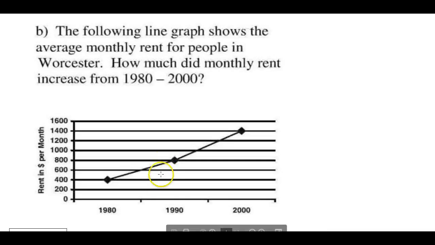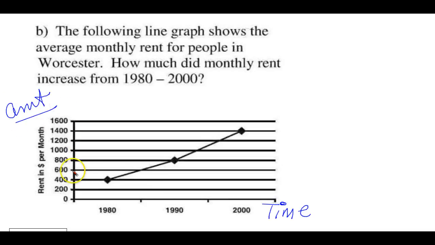Now another type of graph that we'll see from time to time would be a line graph, where time is usually on the bottom here, and then amount is on the side. So these were years, and we're wondering from 1980 to the year 2000.